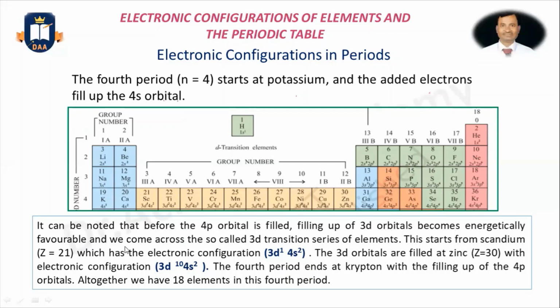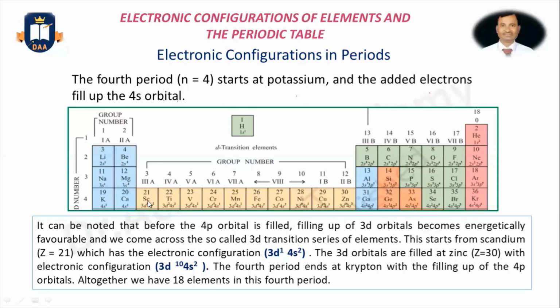And then we came across the so-called 3d transition series. These all are 3d transition series. What is the transition series? We'll discuss later. Now, this much only you will know: the 3d transition series of elements.